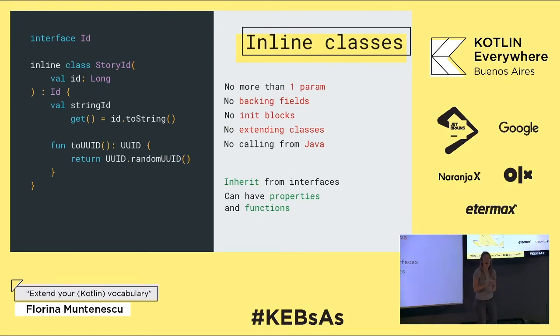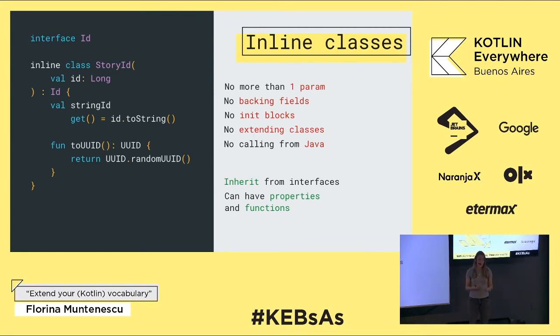They provide the strongly typed functionality that we need. And Kotlin allows this by providing a series of limitations. We can't have more than one parameter. We can't have backing fields or init blocks. We can't extend classes. And unfortunately, we can't call these from Java. But they're also quite flexible because they can inherit from interfaces and can have properties and functions.